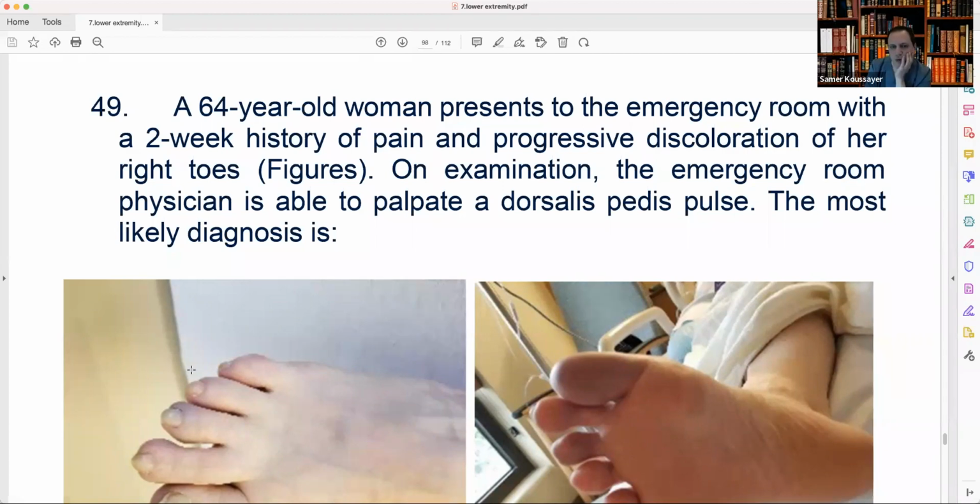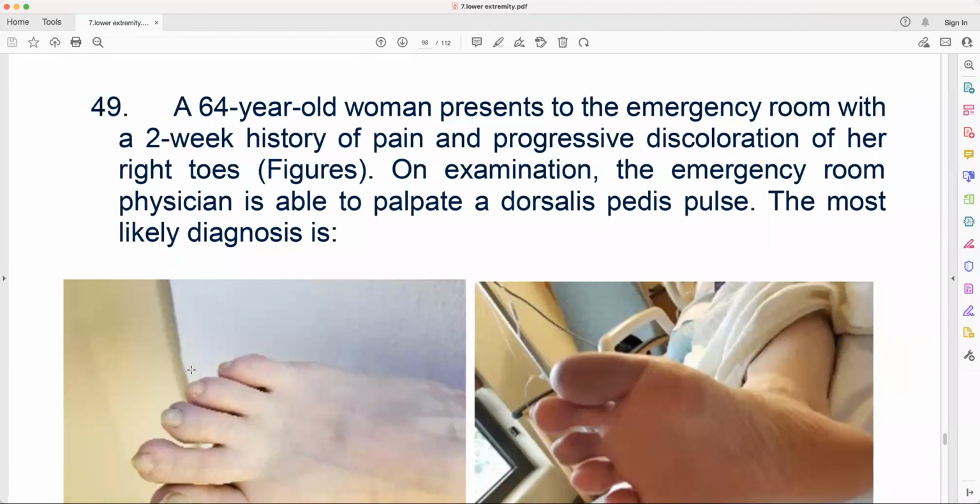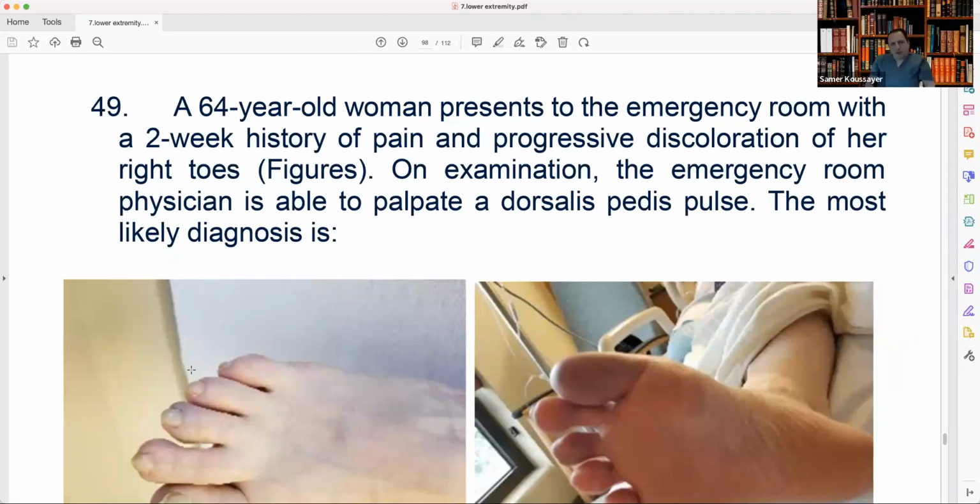Do you know how we treat it? Anticoagulation. Think about it, but in general, for blue toe, because this is an atheroma, it's not a clot, right? It's not a clot you can dissolve with tPA.